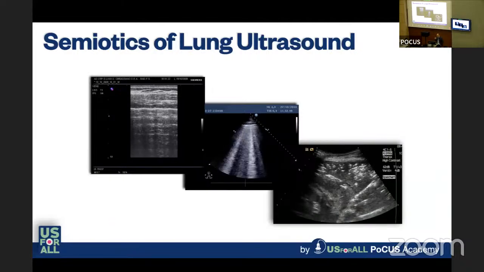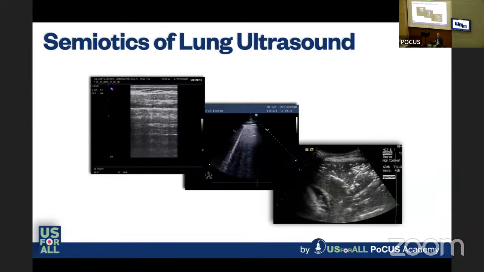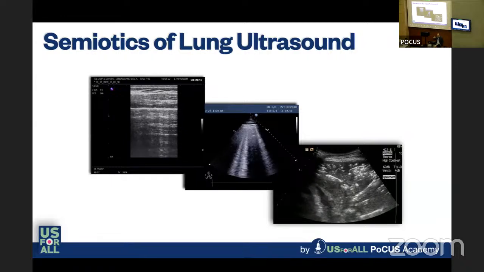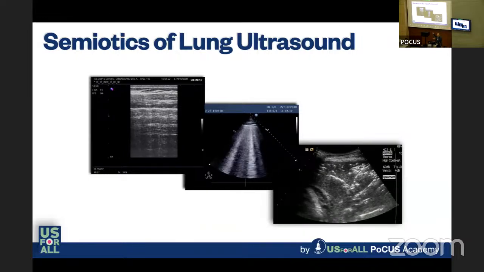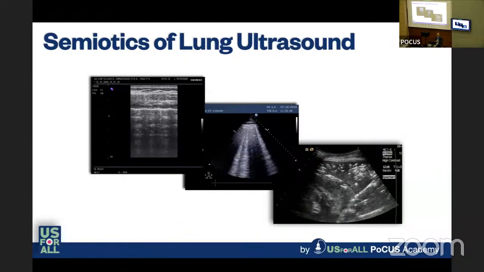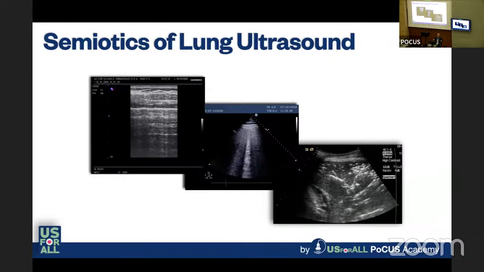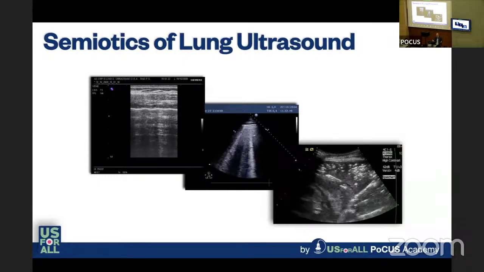And these 3 main basic patterns are the mirroring of the chest wall, so the A lines appearing, and the effect that I told you, boom, boom, boom, boom, the echo. And this is when in the lung there is a normal aeration. Normal, I would say, but also increased aeration. So there is at least a normal content of air inside the lung.